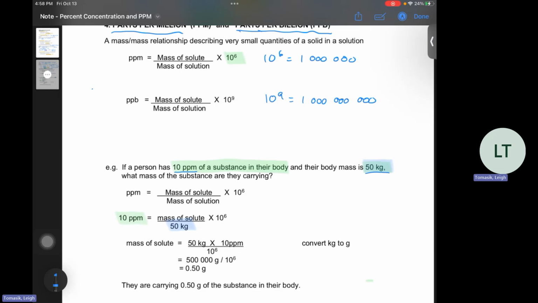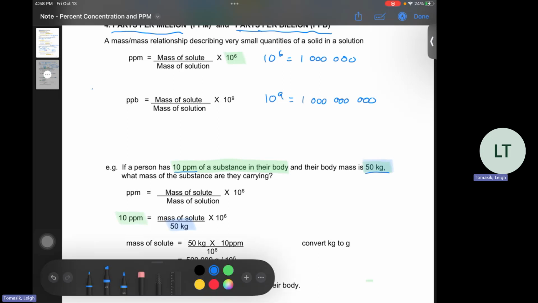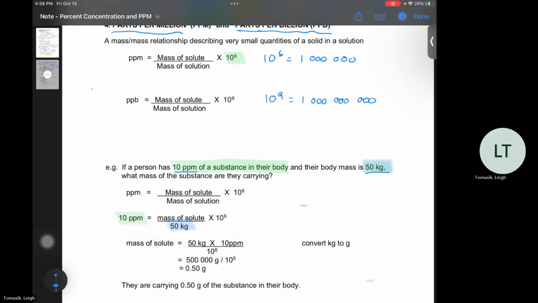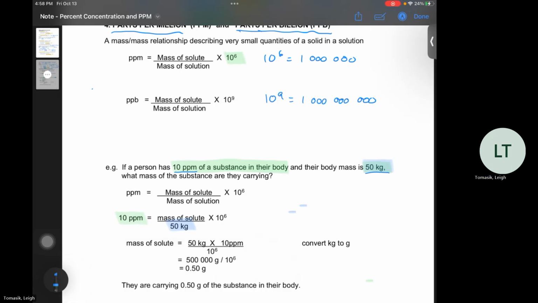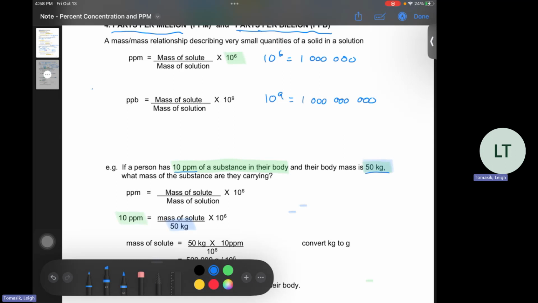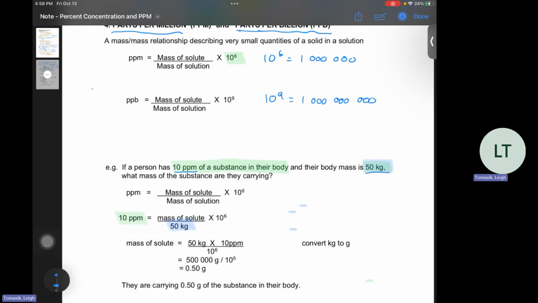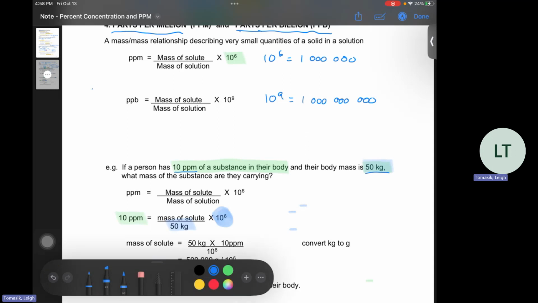And then we would rearrange. We need to find the mass of the solute. When we're isolating something in a chemical formula, we have to look at the two things on the same side as the thing we're trying to solve for, and we need to move them to the other side.